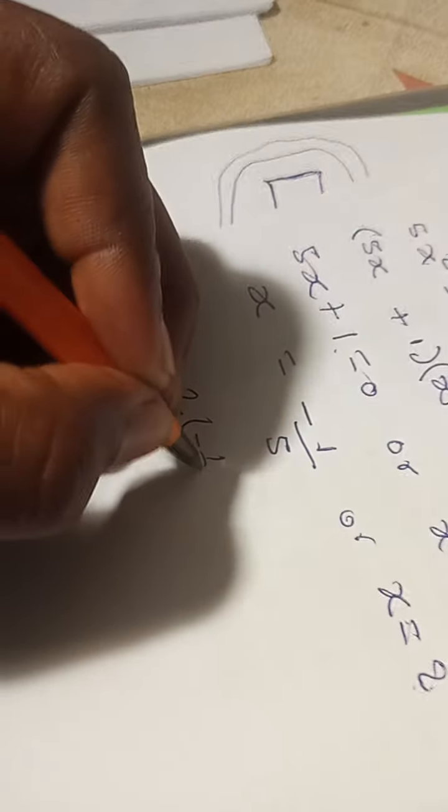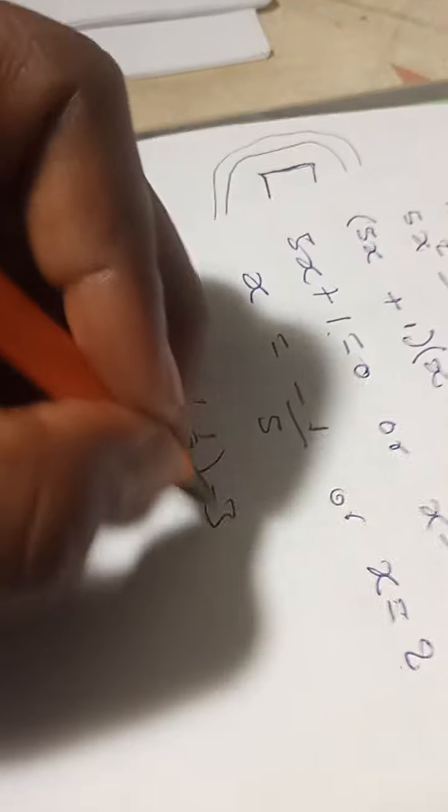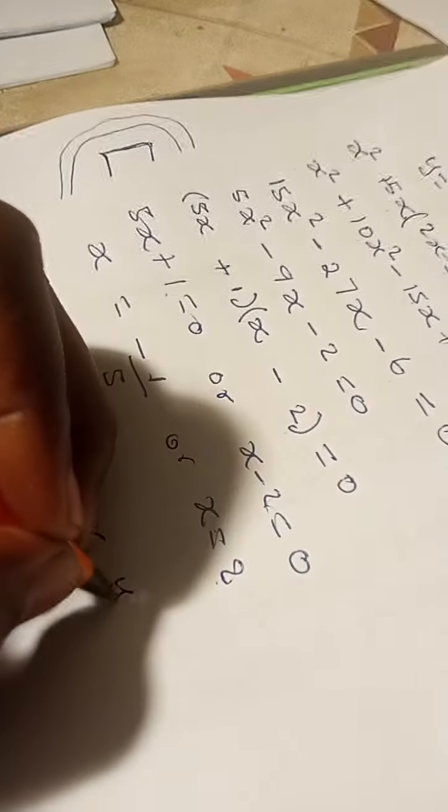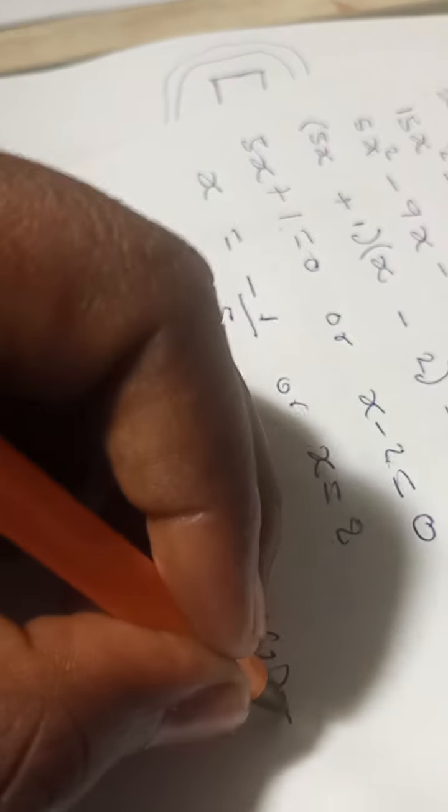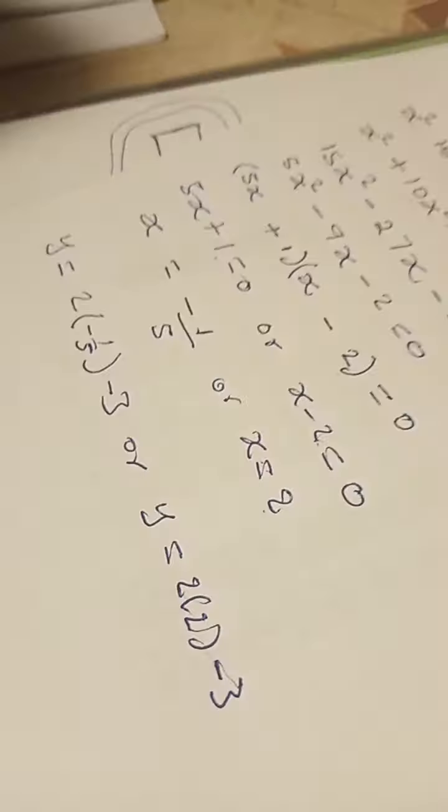You can do that yourself. It's going to be y is equal to 2 into negative 1 over 5 minus 3, or y is equal to 2 into 2 minus 3. Then you get your y's.